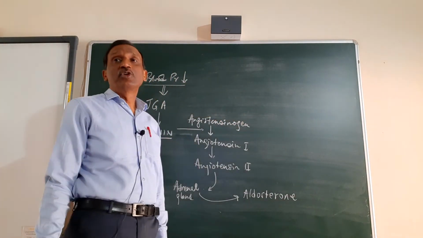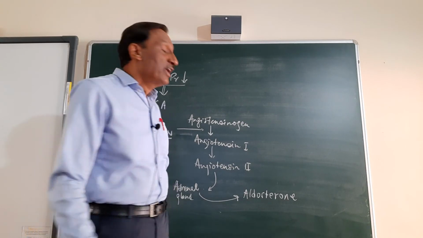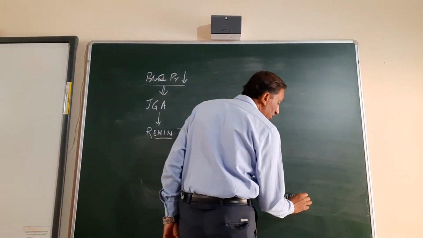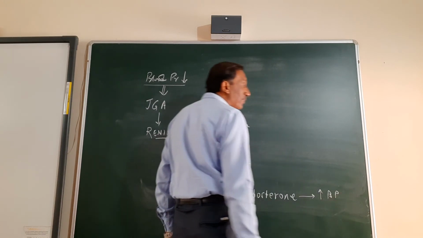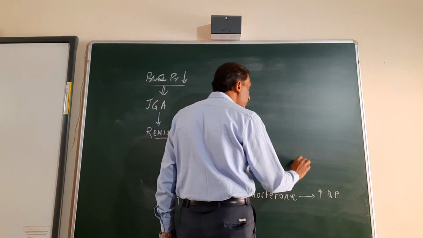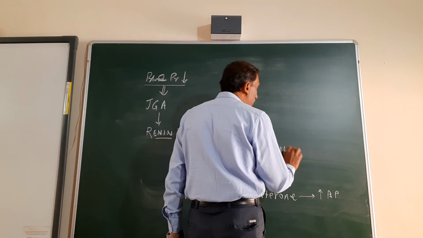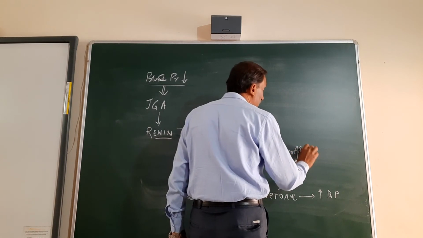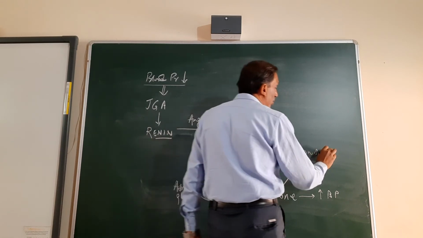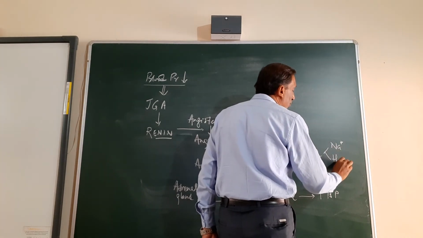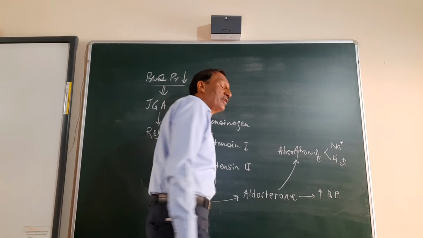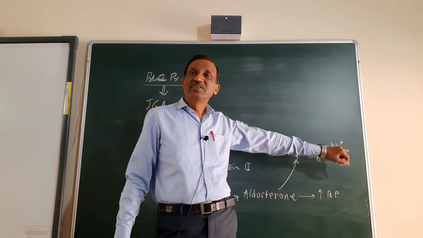Aldosterone has two functions: rise in the blood pressure and absorption of sodium ions and water, and collectively the volume has increased.